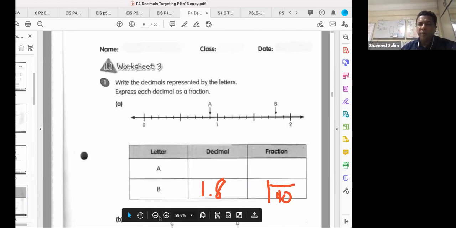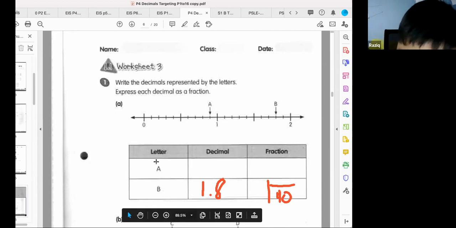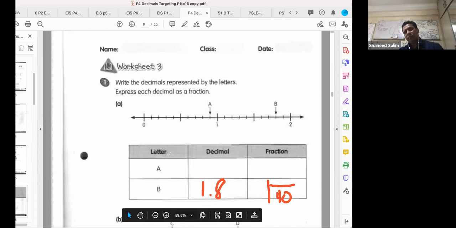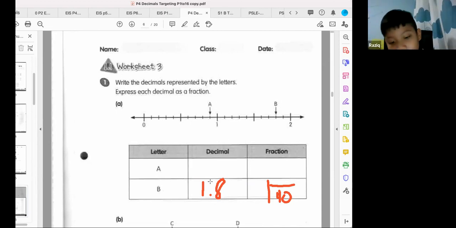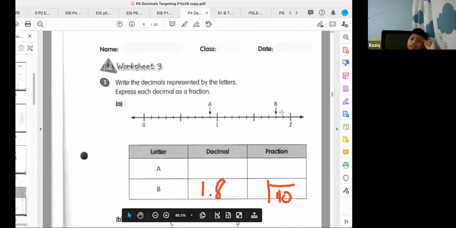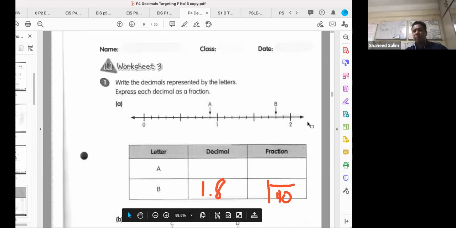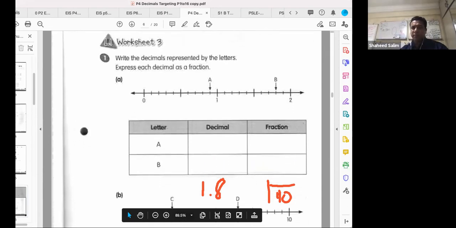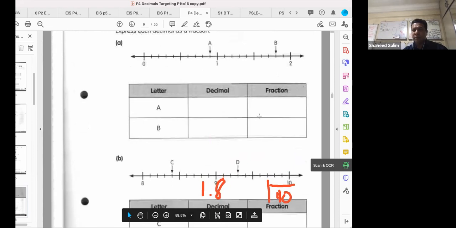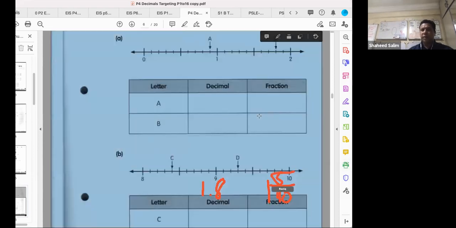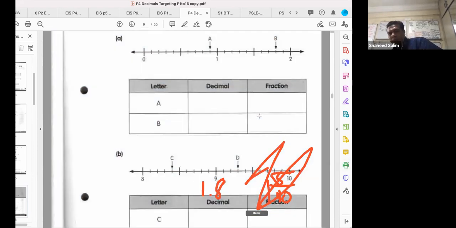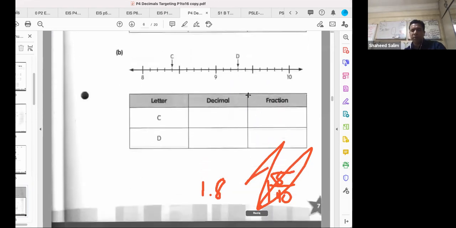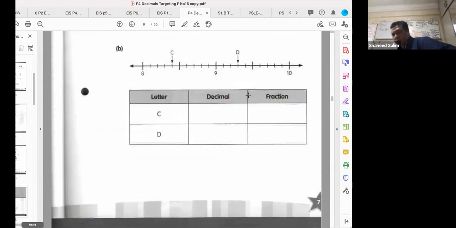Okay, good. What number on top? Cannot. Put the 8 on top. You okay? Okay, you try the next one. Okay, put the 8 on top. You try question B now. Don't jump, don't jump. Try B. We get something.